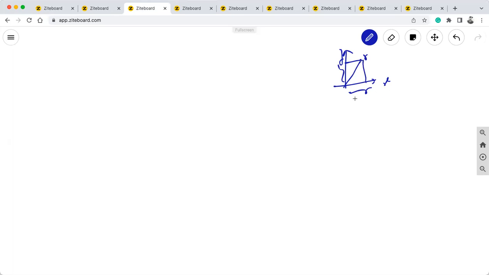If it is a certain theta, then this part is r cos theta and this is r sin theta, right? So this is basically the inner product of r and x, and this is the inner product of r and y. That means we take the projection onto the x-axis and the projection onto the y-axis.